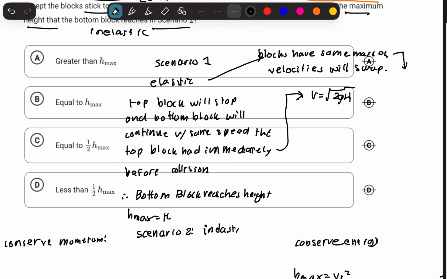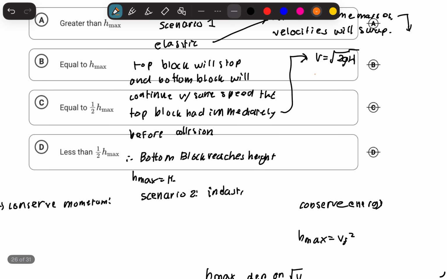Now, what is the height that is reached? We know that when it reaches its height, it's going to have all of the kinetic energy convert back to potential energy.